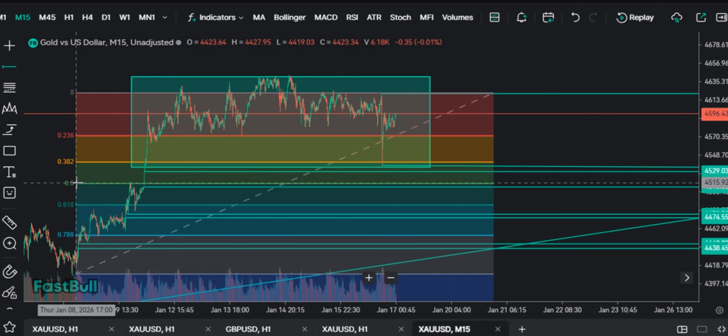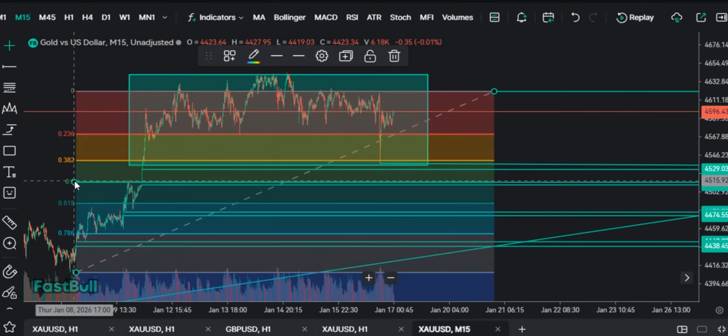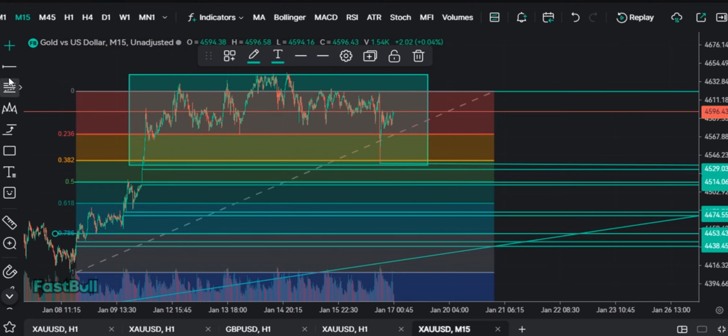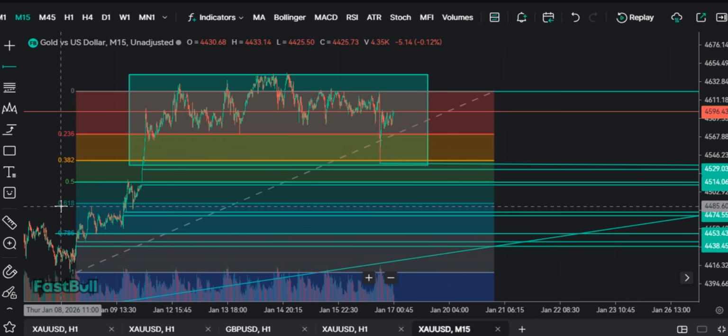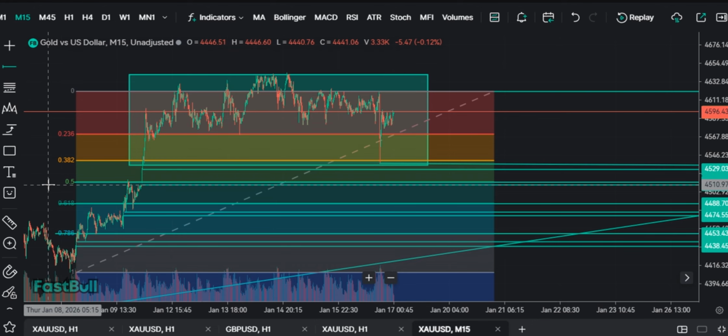Let us mark out this point. Okay, that is 0.5, and then the other one is here. Let us mark this zone here, another zone here, and the other zone here.